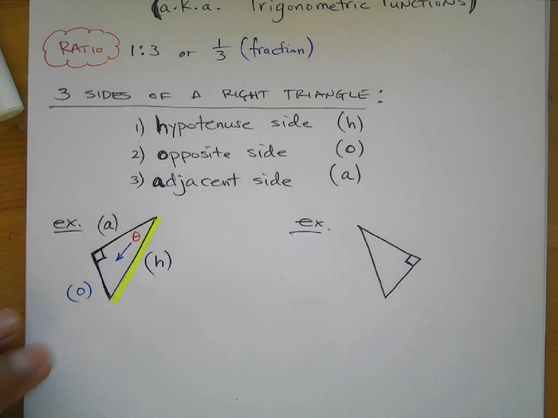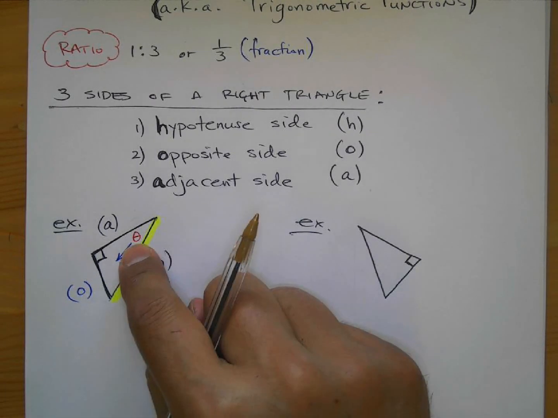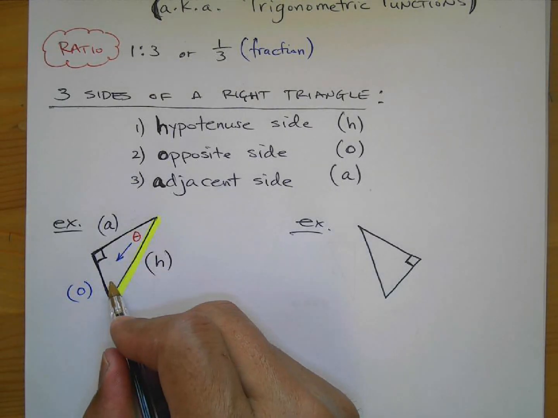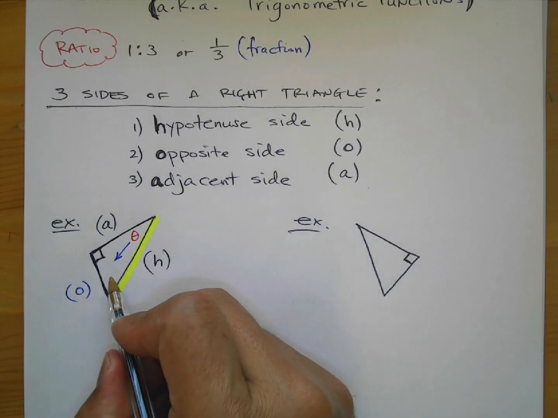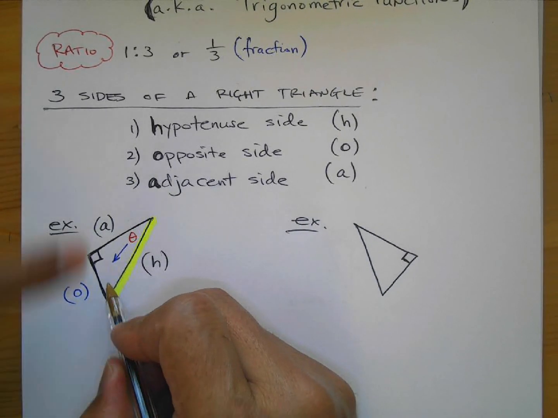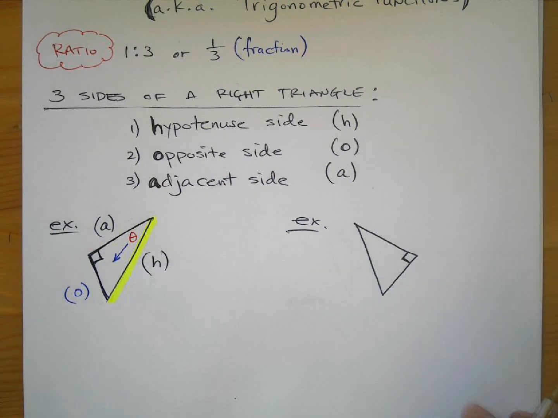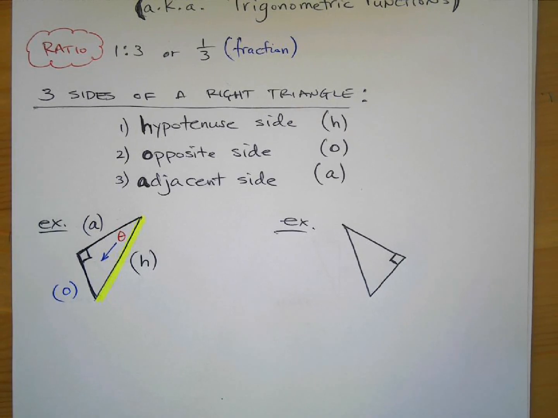There's only one more left. Okay, same thing over here. Now, if this angle were to be here, this would still be the hypotenuse side, but then this one would now be the opposite side, and this the adjacent. So be careful. The hypotenuse, hopefully you won't mess that one up.